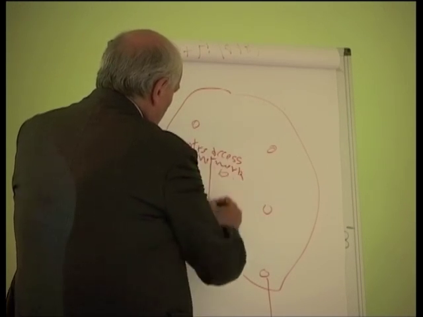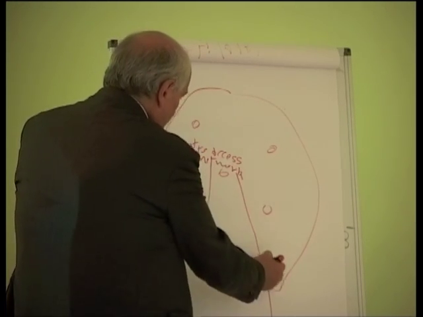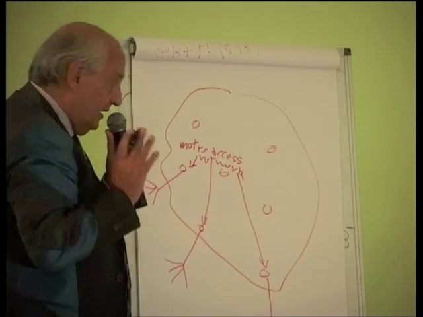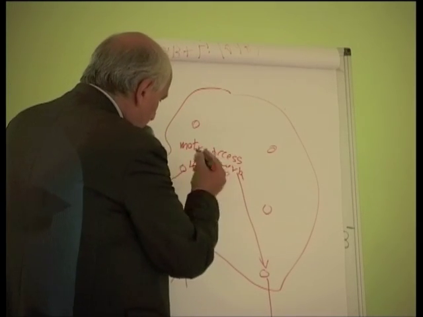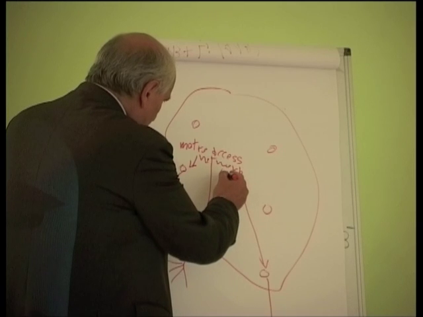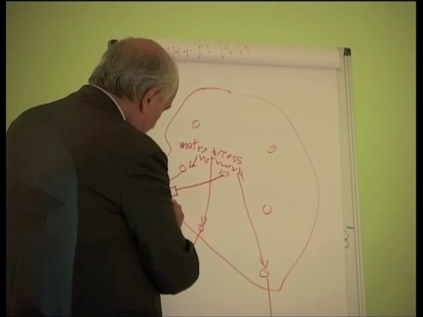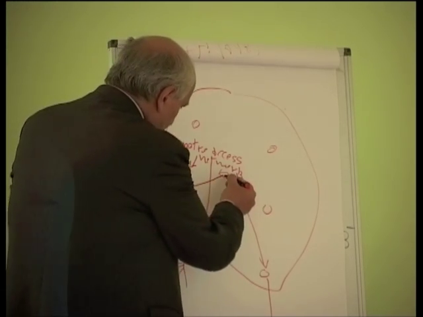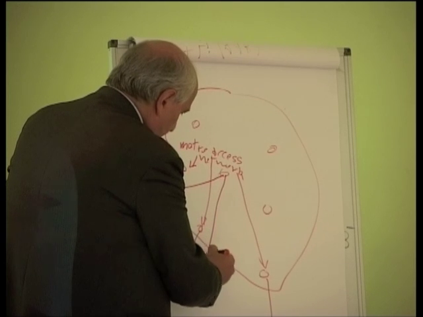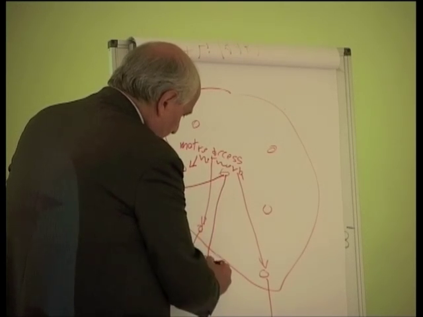As an alternative, you can have long reach, which means I start from here, I put the reach extender and I go here. I start from here, I put the reach extender and I go here.